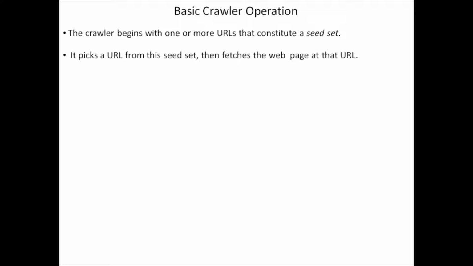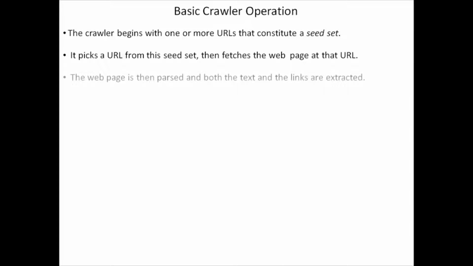Now let us see the basic crawler operation. Initially the crawler begins with one or more URLs that constitute a seed set. Then the crawler picks a URL from this seed set and fetches the web page at that URL.